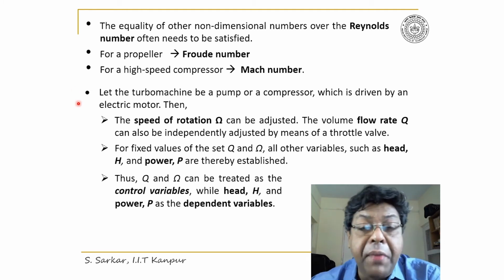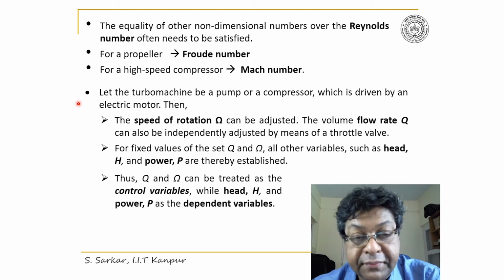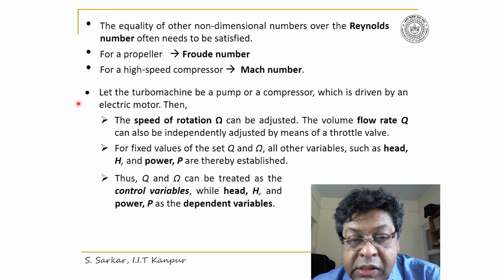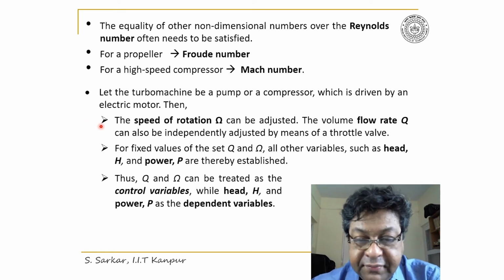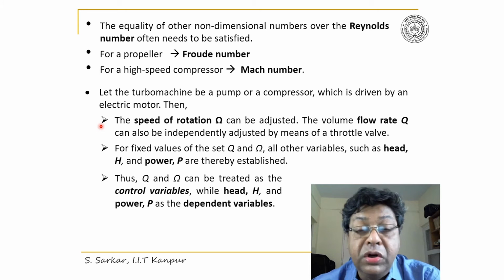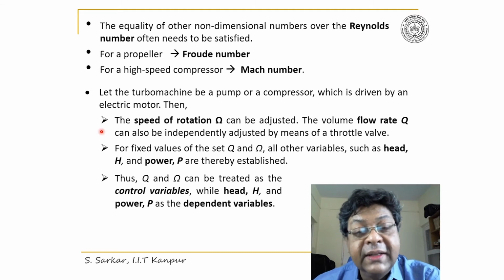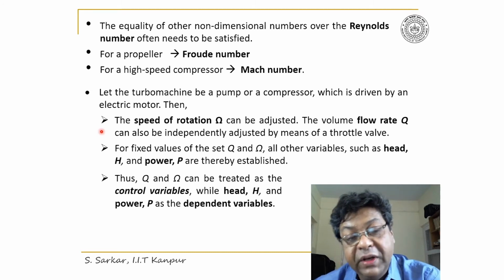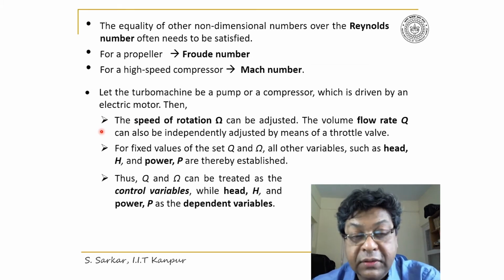Now let us consider a pump or a compressor which is driven by an electric motor. Since the pump or compressor is driven by an electric motor, its speed can be adjusted. Similarly, the flow rate can independently be controlled by a throttle valve. So the speed of a compressor or pump and the flow rate can be independently controlled.